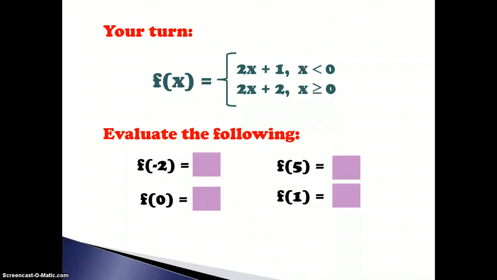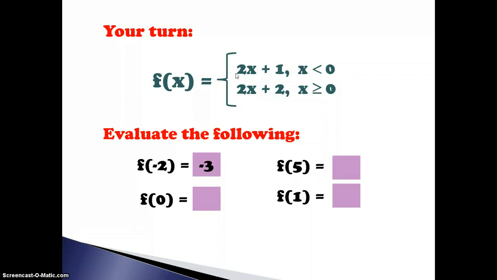So the first thing you've got to do is determine which function you're going to use. F of negative 2, does it fall into our first function or second function? X is equal to negative 2. So we know negative 2 is less than 0, so I will use the first function. If I plug in negative 2 into my first equation, you should get negative 3.